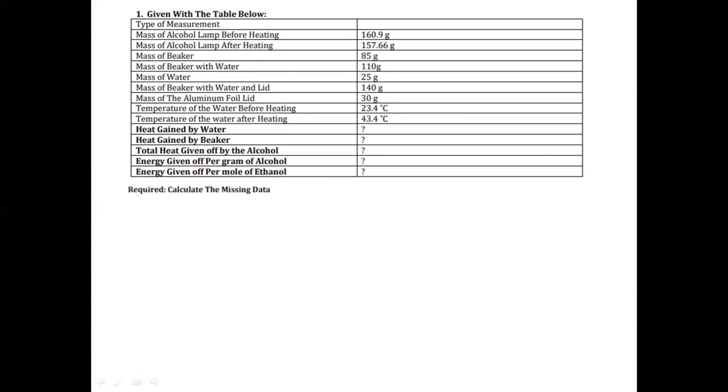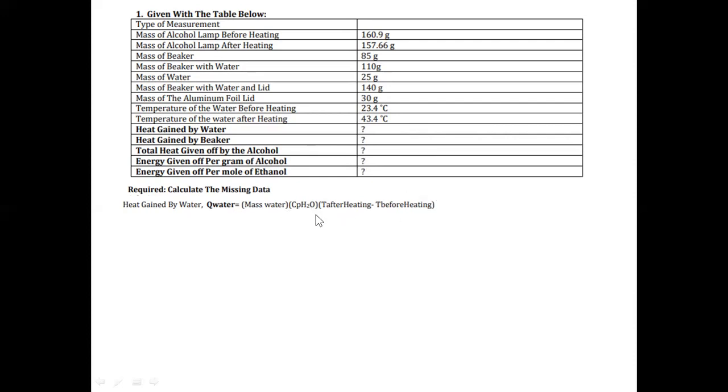Now we are required to calculate the following five parameters. If we proceed with the solution, first we need to calculate the heat gained by the water, or Q water. To calculate it, we multiply the mass of the water with the specific heat of the water and the change in temperature.